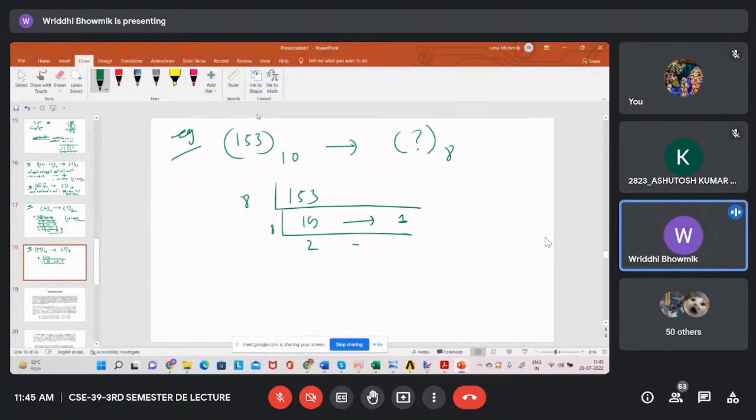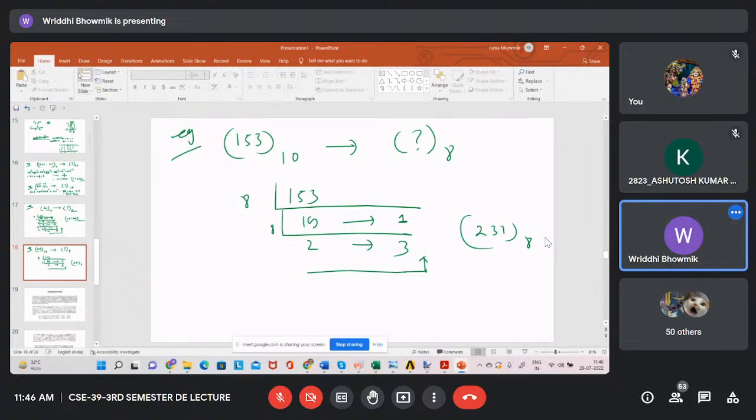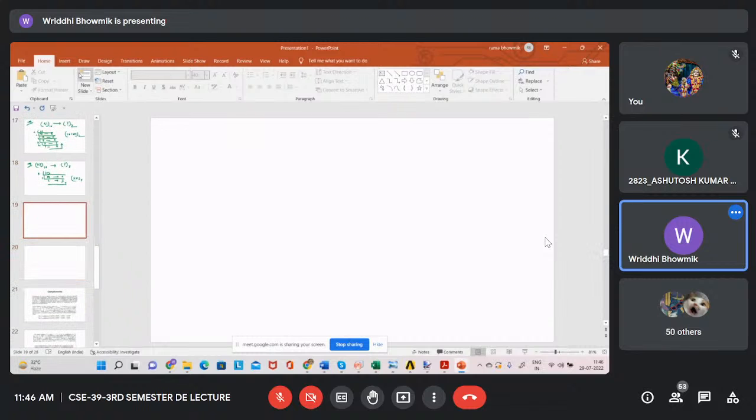Then remainder is 3. Okay, then you cannot divide it. So you have to go in this way from downward to upward. So your octal number is 231 base 8. Right? Now, we will take some other examples.